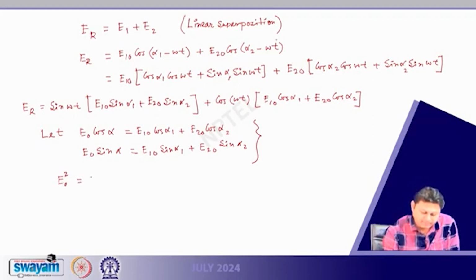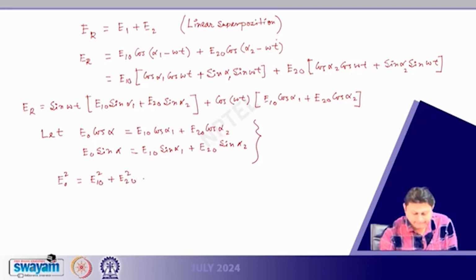And on the right hand side, if I do the same thing, it is easy to show that it is nothing but E10 square plus E20 square plus 2 E10 E20 cos of alpha 2 minus alpha 1.